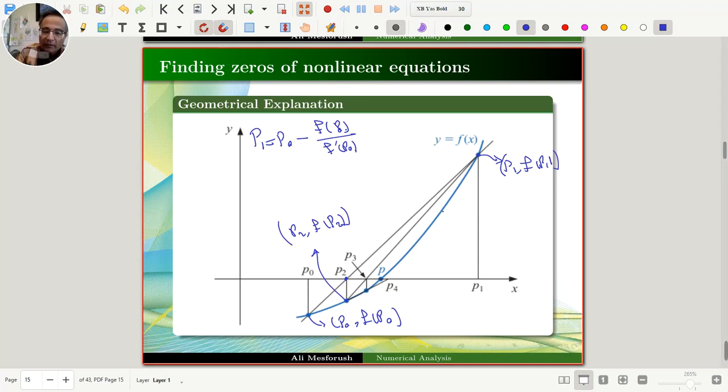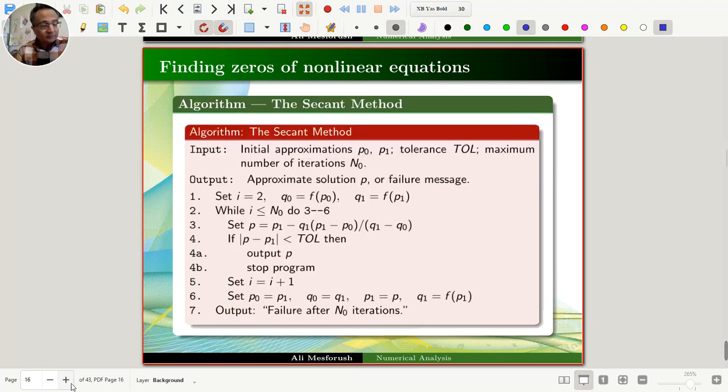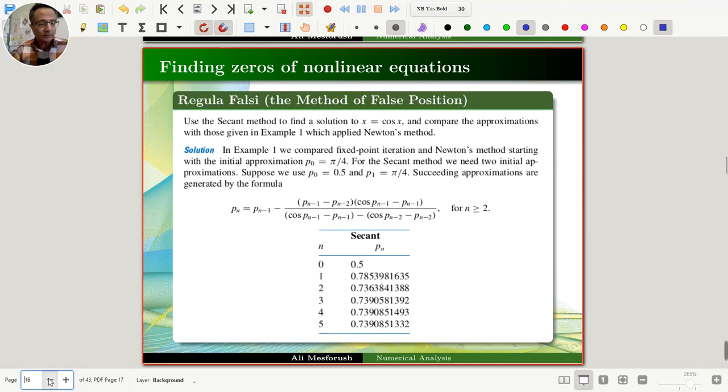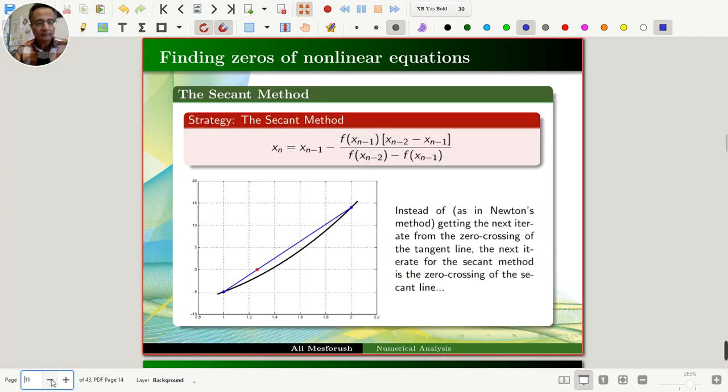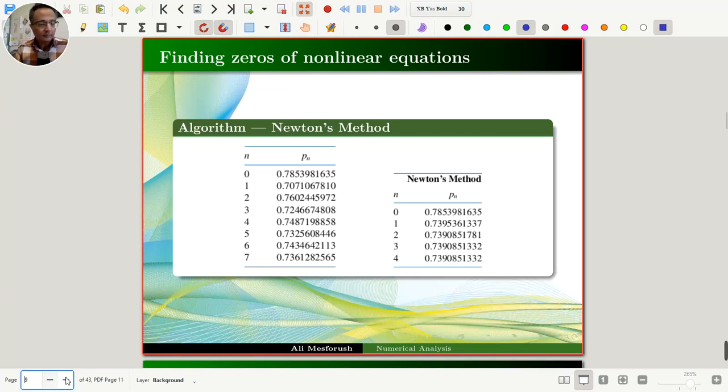In fact, we draw a line passing through P2, f of P2 and P1, f of P1, and we continue in this way until it converges to P. But let me show you the story of the secant method. Unfortunately, my computer is slow.